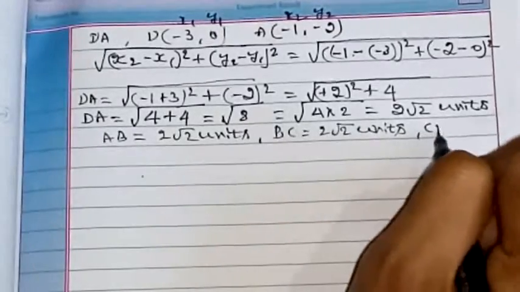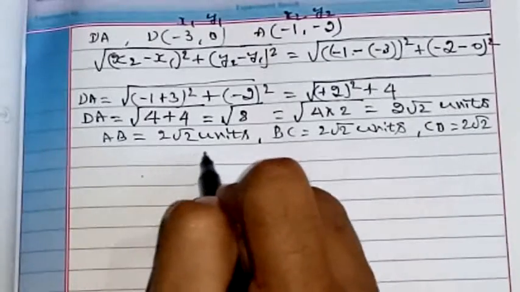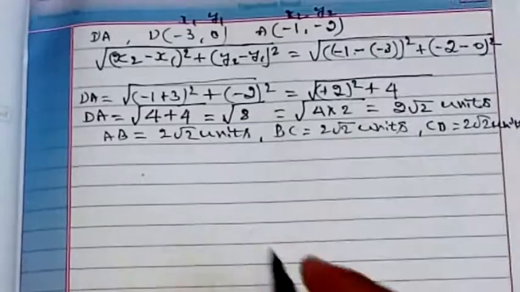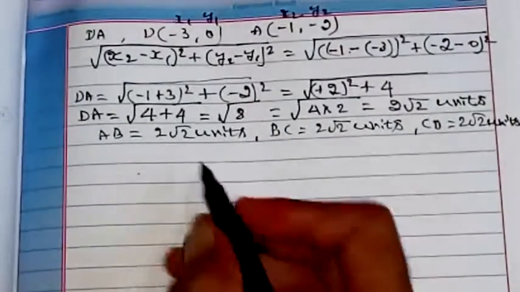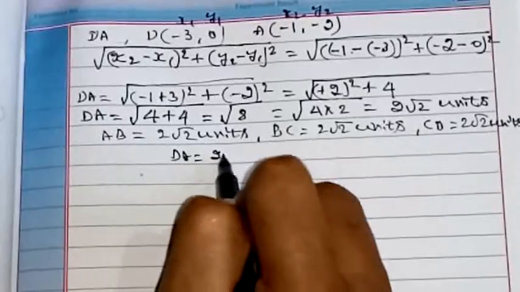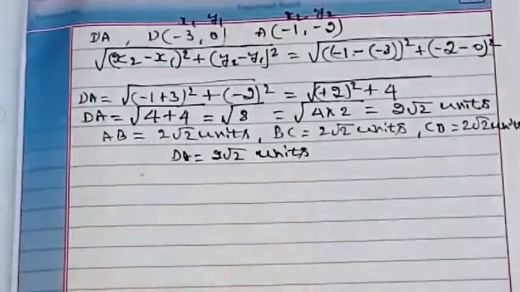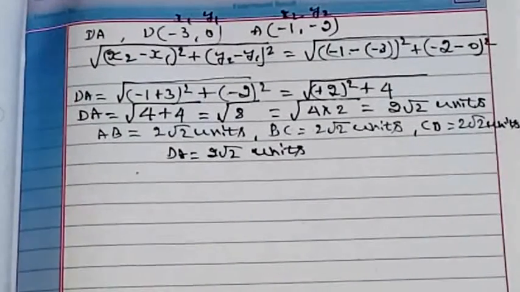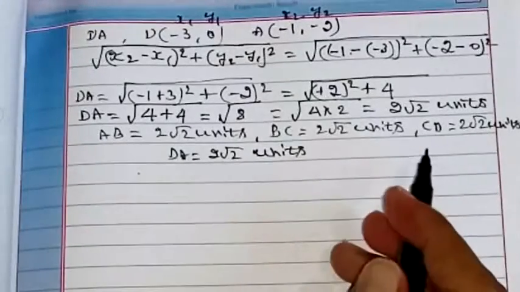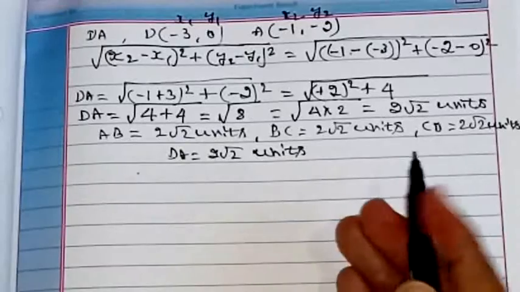For CD it's again 2 root 2 units, and for the last one, DA, also it's 2 root 2 units. Right? So what is the meaning of this? Therefore all the sides of the quadrilateral are equal. So it may be a square or it may be a rhombus, children.